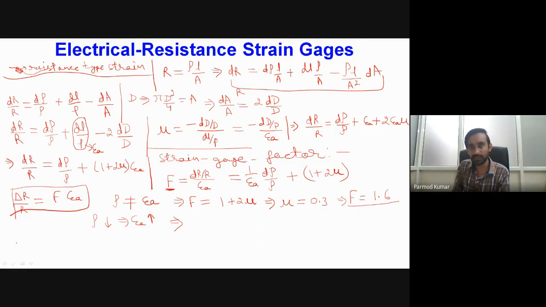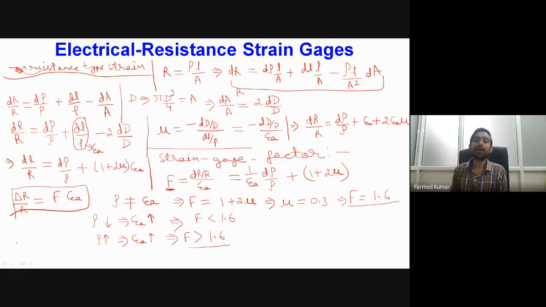So this ratio will be negative because d rho will be negative. It means our value of F will be less than 1.6. And if the resistivity of the material is increasing with increase in axial strain, in that case the value of F will be greater than 1.6.